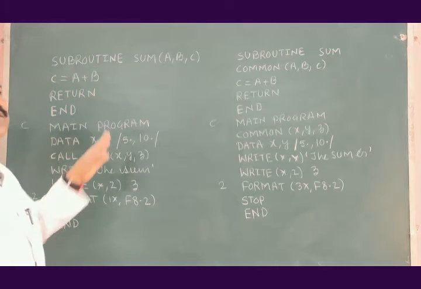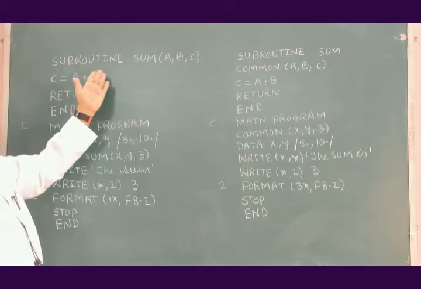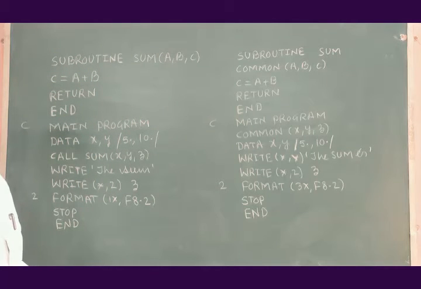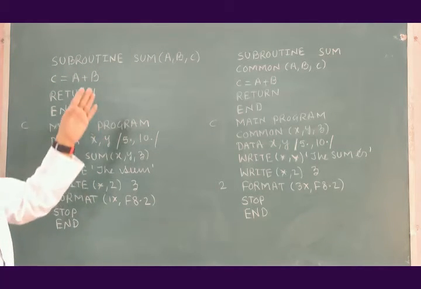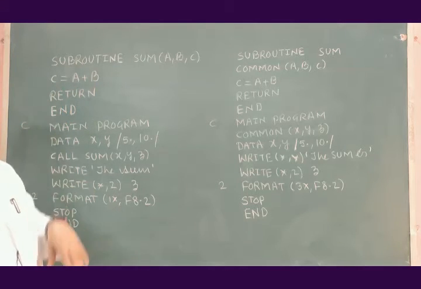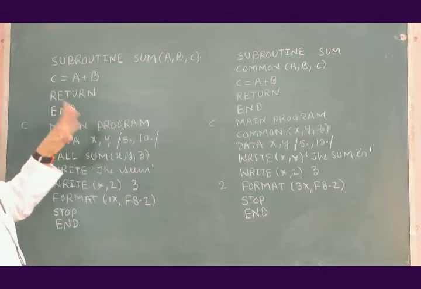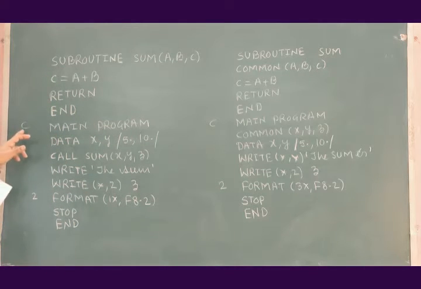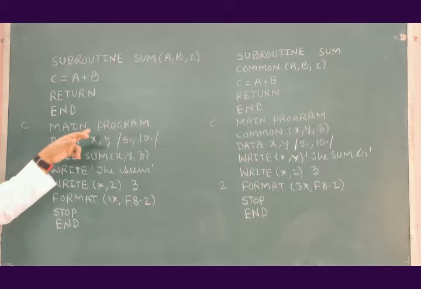See what we have done in this program. Subroutine sum (a, b, c). a, b, c are the arguments separated by commas. Let c equal a plus b. Return, end. This is the subroutine. Comment: main program.